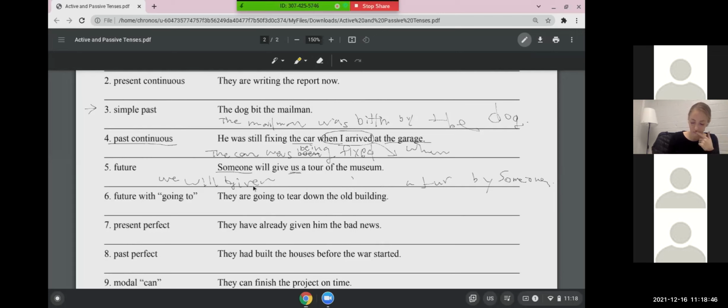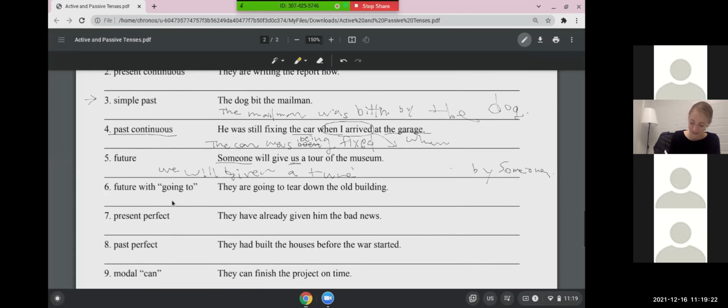So we will be given a tour of the museum by someone.